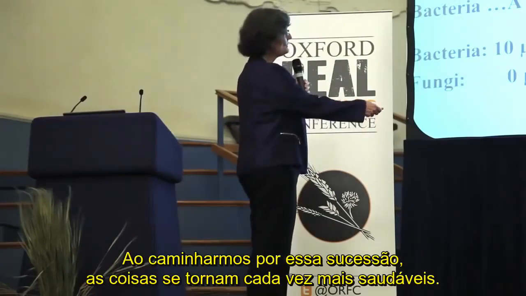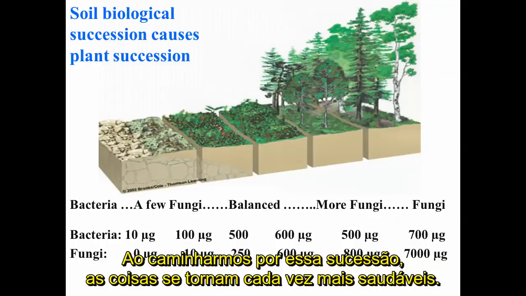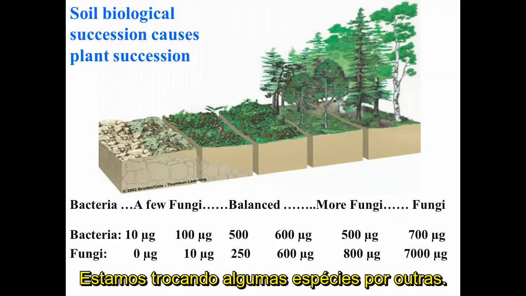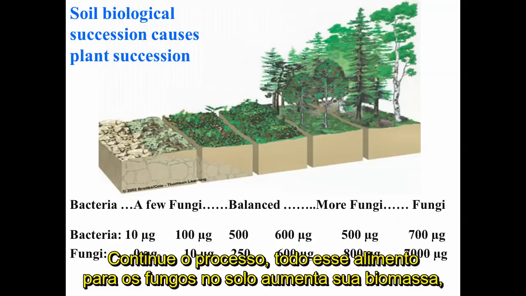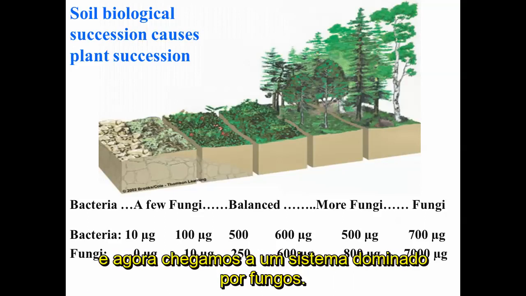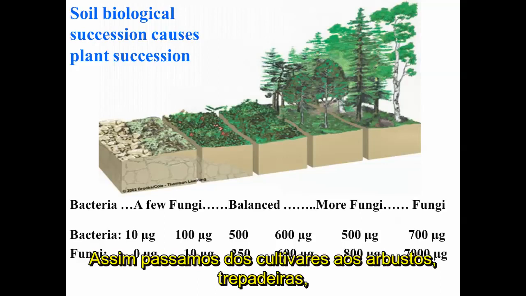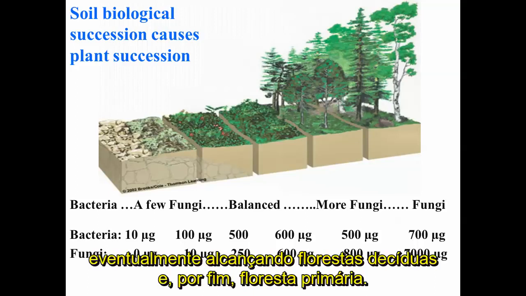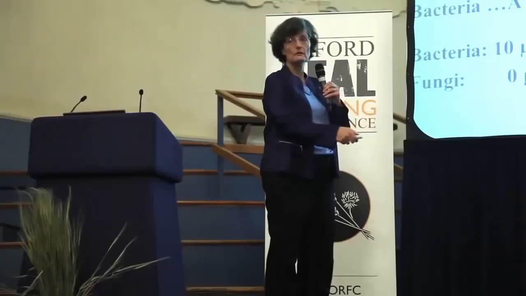As we move through this successional process, everything gets healthier and healthier. We are shifting from these species to those. Now keep going. All that good fungal food going into the soil, we're going to keep increasing fungal biomass. And now we've gone over the edge into a fungal-dominated system. And we're going to shift from our row crops, from our good grasses, into vines, shrubs, eventually then into deciduous forests, and eventually into old growth.